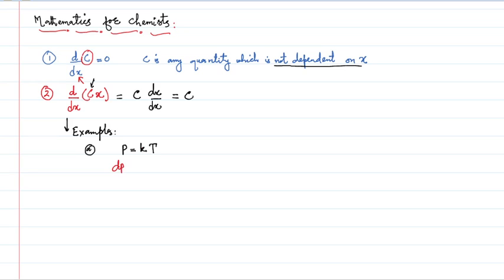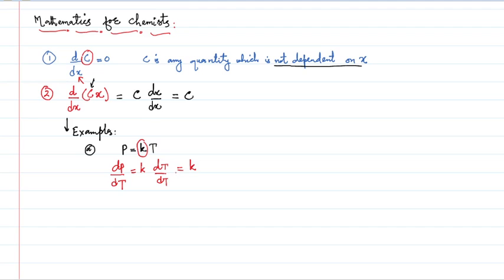We can write dp upon dt is equal to, as per this formula, suppose this k is constant or independent of temperature here. So we will write it outside and simply write dt upon dt.